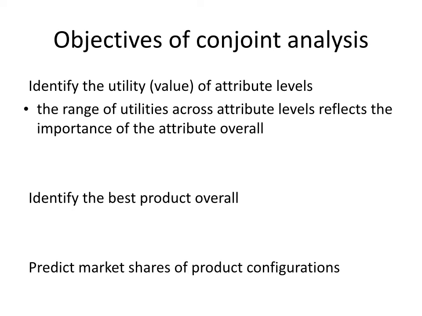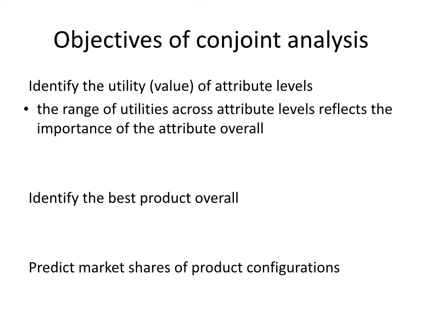Basically, an attribute that has a wide range of utilities is one that's important. If you think of importance as the risk associated with making the worst decision relative to the best decision, well, if that range is very large, then the risk is very high.